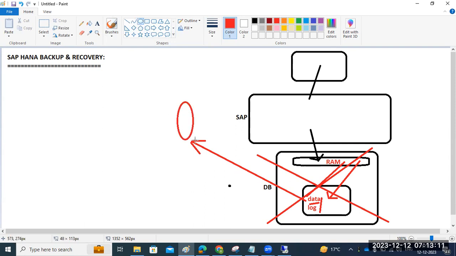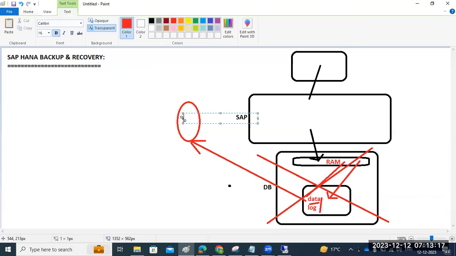There are third-party backup tools like Tivoli, TSM, and others. They take the backup outside of your system and store the backup data there. If the entire hardware is crashed and everything is deleted, we still have the backup storage, and then we can recover the data, either point-in-time recovery or up to that backup timestamp. That's the purpose.